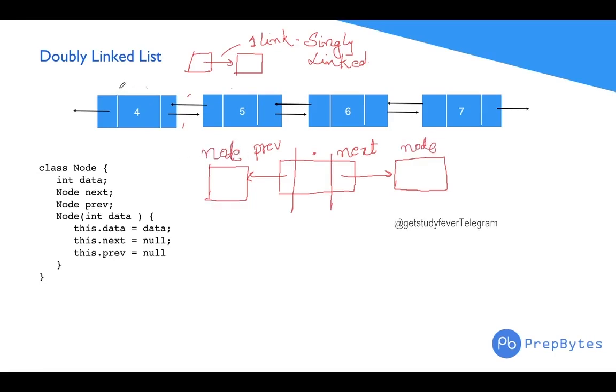In this case, this is the first node, so there is no node before this particular node. There is no prev node. So prev will be null and next will be pointing to the next node. Let's say this is node 0 and I call the next one node 1. The next of node 0 is pointing to node 1 and the prev of node 1 will be pointing to node 0.